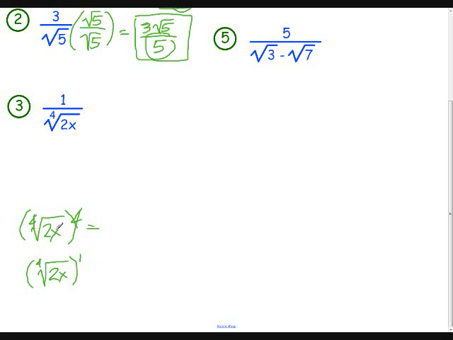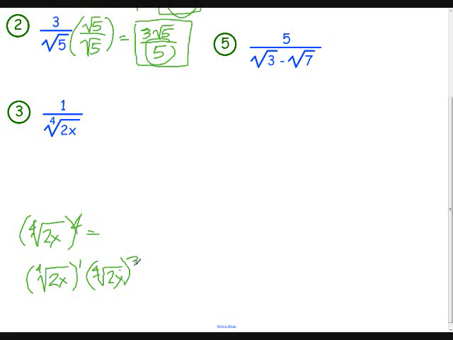So the fourth root of 2x to the fourth power is equal to what we have up here times the fourth root of 2x raised to the third power.